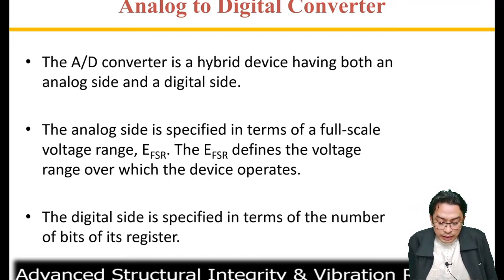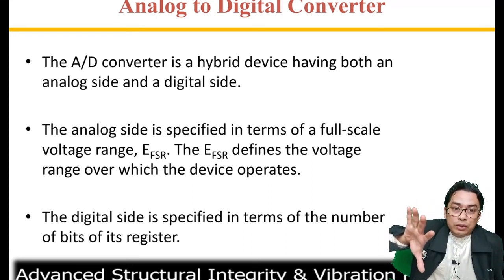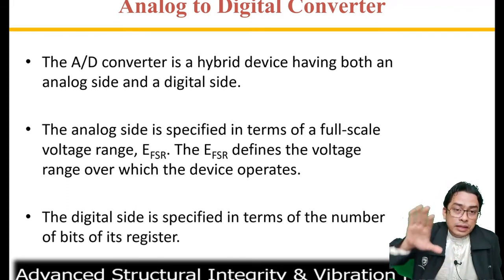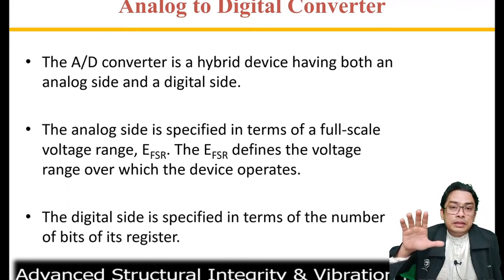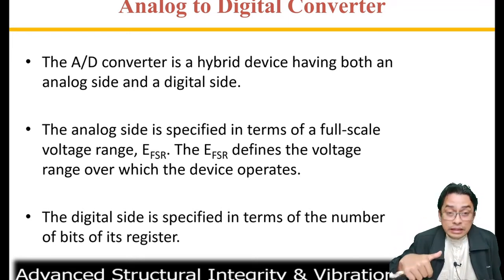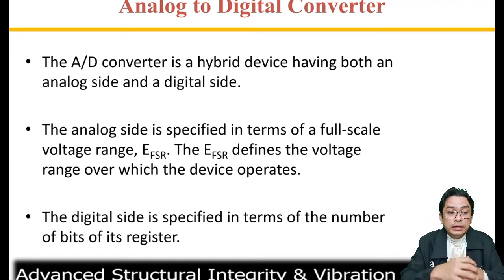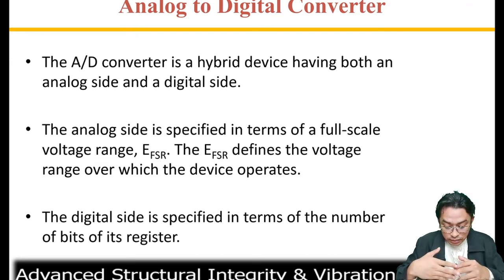The A to D converter has two parts. First we have the analog side, and then the other one is the digital side. The analog side is represented by voltage, the volt. In this case, we say it is EFSR. E is the usual term that we use for voltage. FSR is the full scale range. This is the maximum range that the A to D of the DAQ can work with.